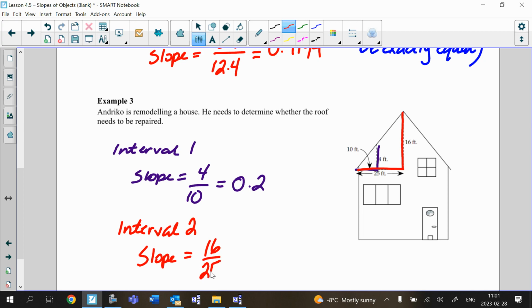That's pretty different. 0.2 and 0.6. Okay. So we would consider this not a constant slope.